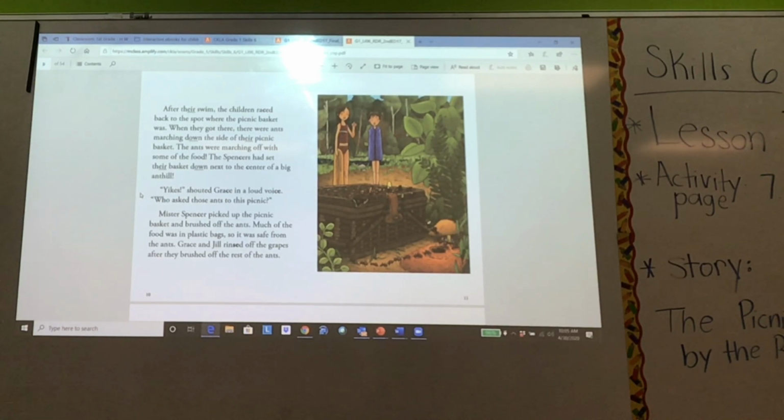Mr. Spencer picked up the picnic basket and brushed off the ants. Much of the food was in plastic bags, so it was safe from the ants. Grace and Jill rinsed off the grapes after they brushed off the rest of the ants.